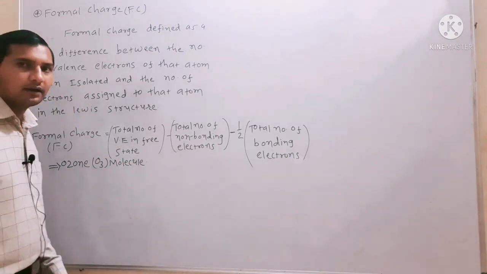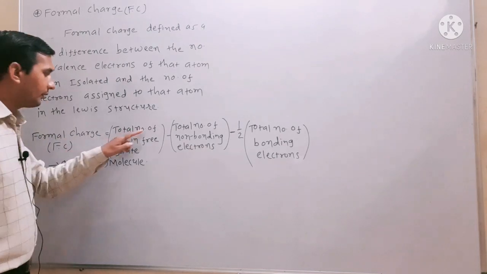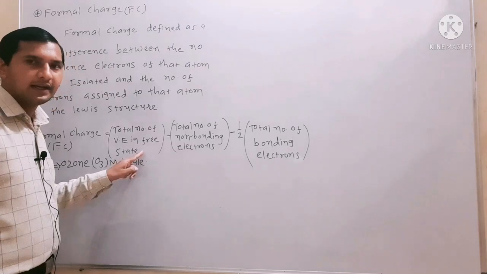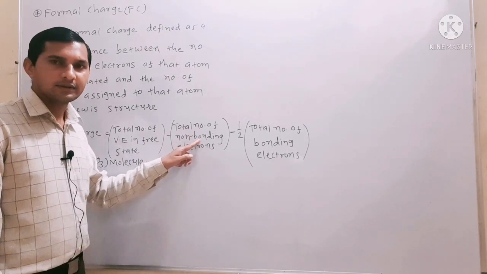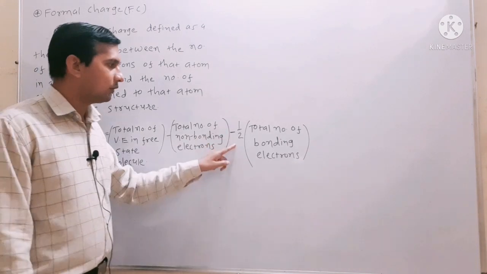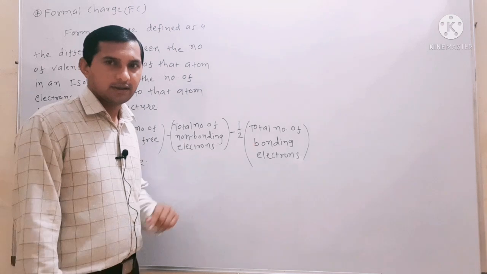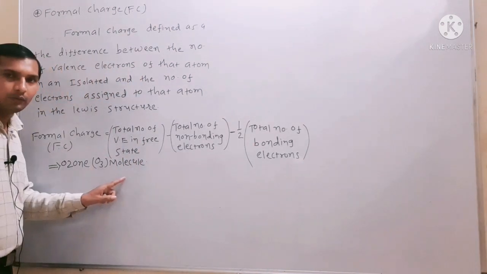The equation of the formal charge is: total number of valence electrons in isolated or free state, minus total number of non-bonding electrons, minus 1 upon 2 total number of bonding electrons. We understand this by taking the example of the ozone molecule.